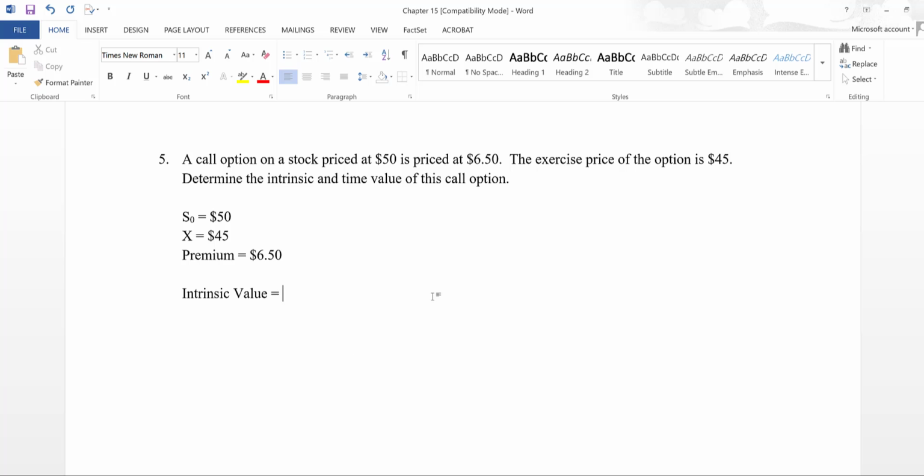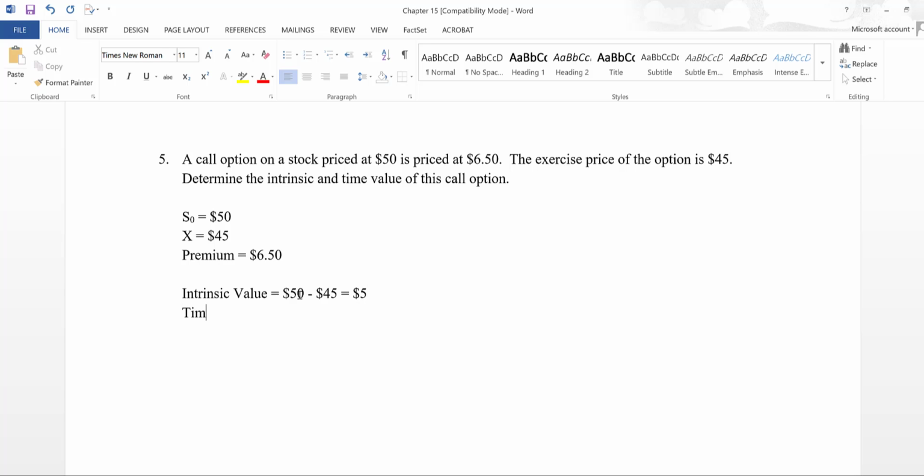So this is a call option, you have the right to buy the underlying stock at 45. If you were to exercise the option, you would be buying the stock at 45 and then you can sell it right away at 50, and so you will have a positive payoff. So this option is in the money, and that payoff from immediate exercise of the option is how we define the intrinsic value. So in this case, for the in the money option, the payoff from exercise of the option is $5. That is the intrinsic value.